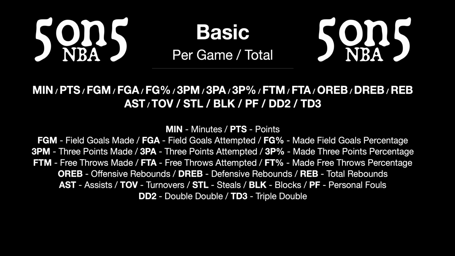MIN stands for minutes, PTS stands for points, FGM field goals made, FGA field goals attempted, FG% field goal percentage, 3PM three-pointers made, 3PA three-pointers attempted, 3P% three-point percentage, FTM free throws made, FTA free throws attempted, FT% free throw percentage, OREB offensive rebounds, DREB defensive rebounds, REB total rebounds, AST assists, TOV turnovers, STL steals, BLK blocks, PF personal fouls, DD2 double doubles, TD3 triple doubles.